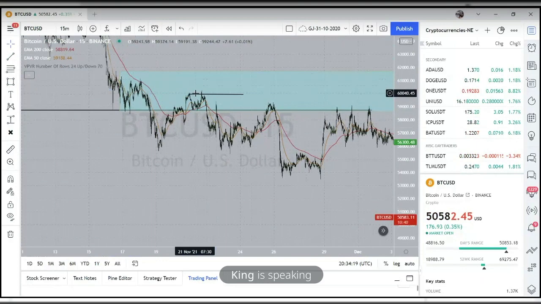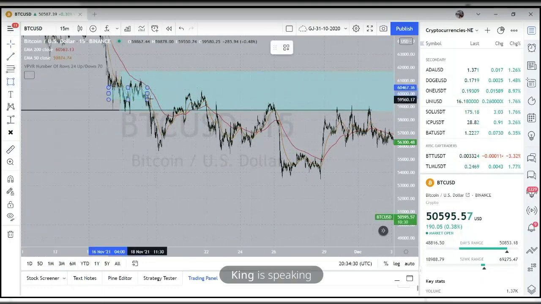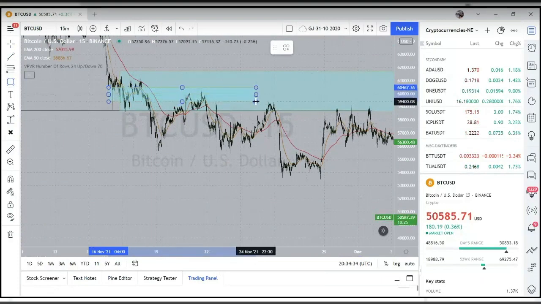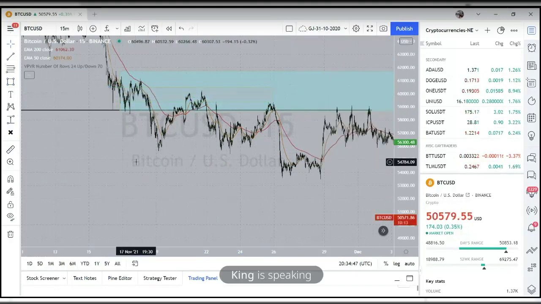Let me just get the rectangle out again. We're selling off this area here. Just gonna make that gray. So you're coming into this level, you're starting to sell off.